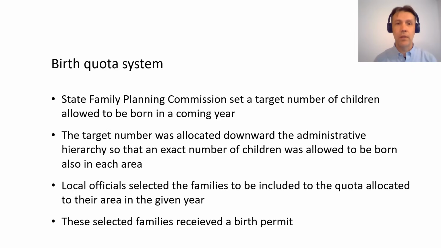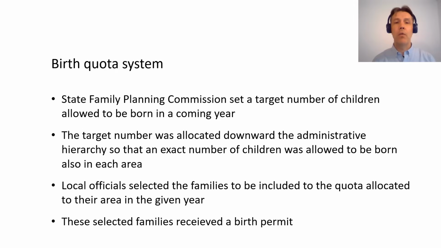So let us look at the main features of the birth quota system. The State Family Planning Commission set a target for the total number of children that were allowed to be born in a given year. Then this total number was allocated downward through the administrative hierarchy, so that the exact number of children allowed to be born in each area was set.